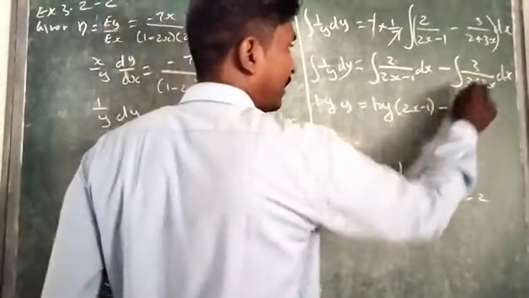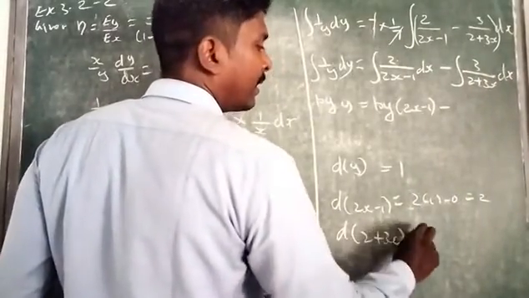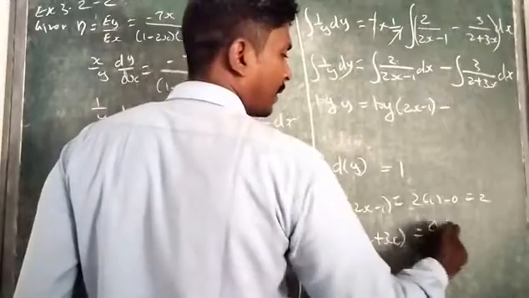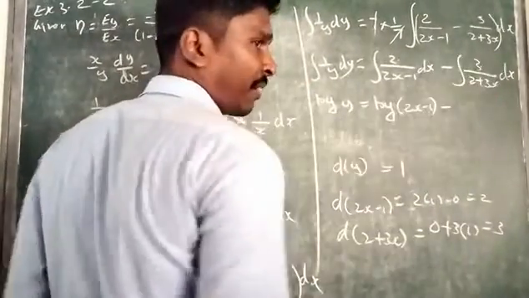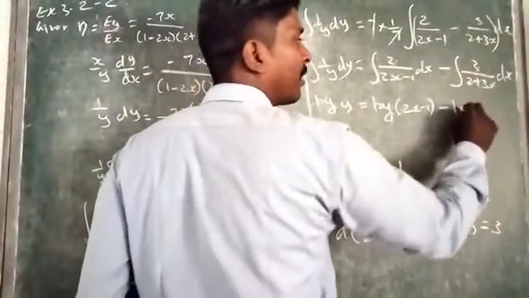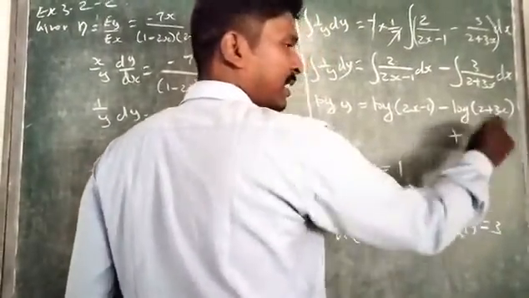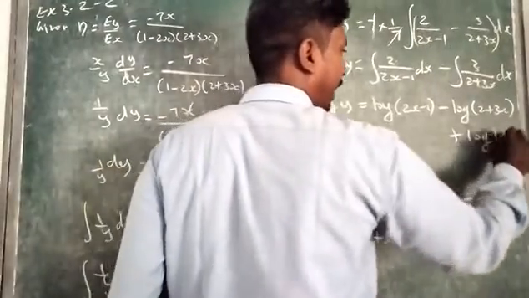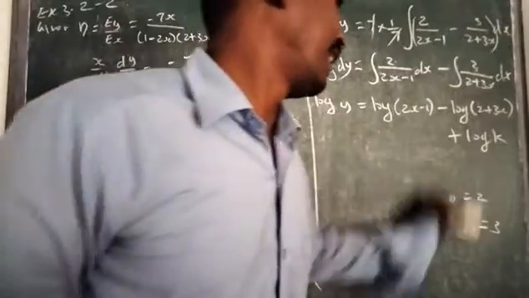You write the minus. Now take this term, the denominator value is 2 plus 3x. Differentiating, 0 plus the derivative of x becomes 1, then we have 3. That is the numerator value. So the integral of the entire term is log of the denominator value. And at last put c; instead of c put log k. Every term is a log, so we use the constant as log k.